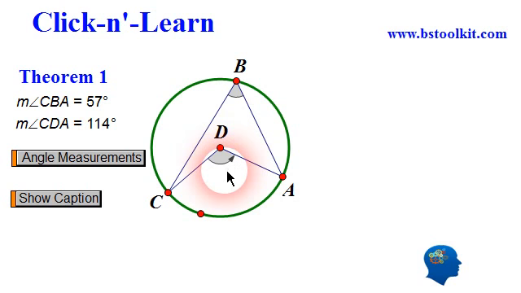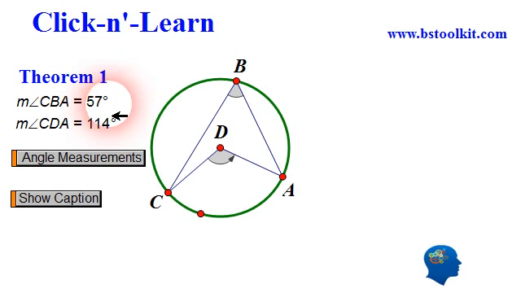Now observe closely the relationship between this angle and this angle. What do you observe about the sizes of these two angles? Well, the first thing you can observe is that one angle is bigger than the other. This angle here is bigger than this angle here. This is 114 degrees and this is 57 degrees.